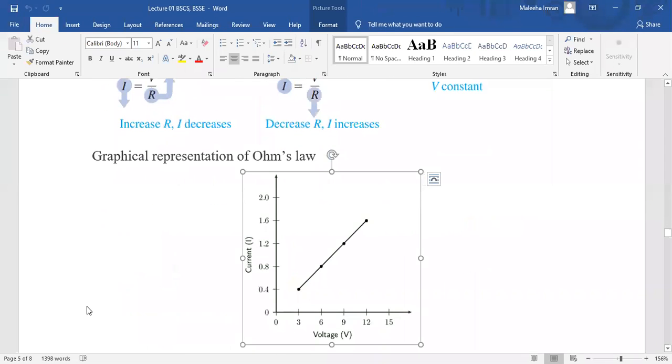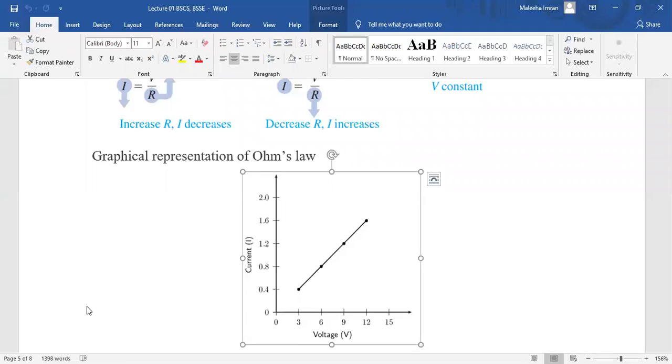What is the graphical representation? ये भी last time हमने बात की थी. The graphical representation means the relation between current and voltage, and this relation is also called IV characteristics कहलाती हैं. IV characteristic means the graphical relation between current and voltage.